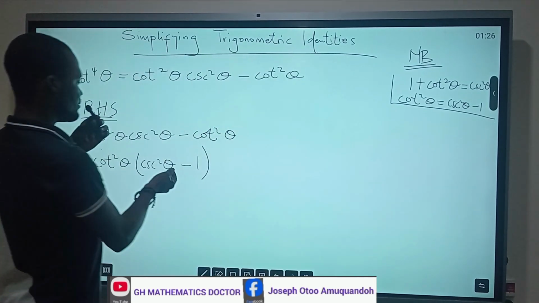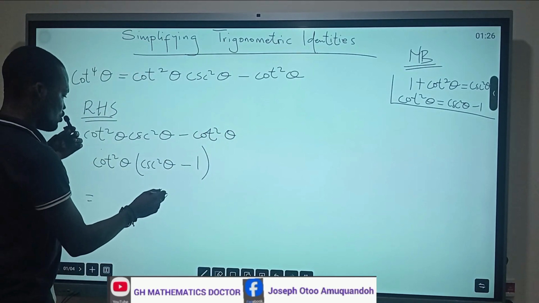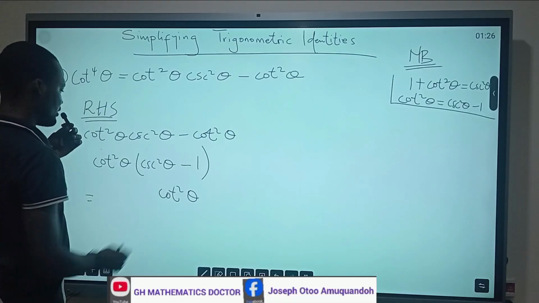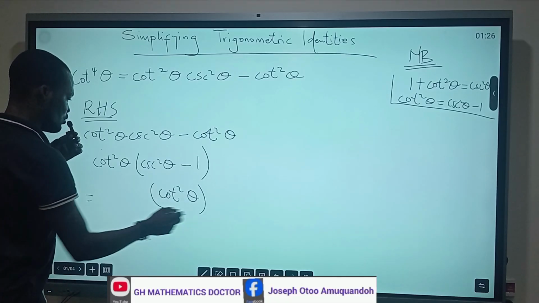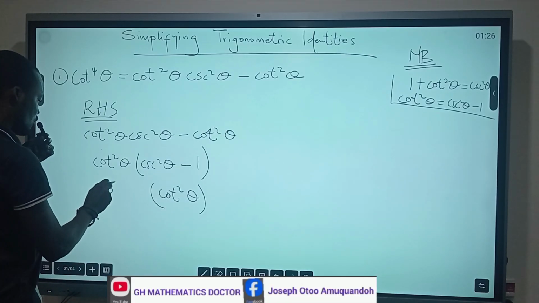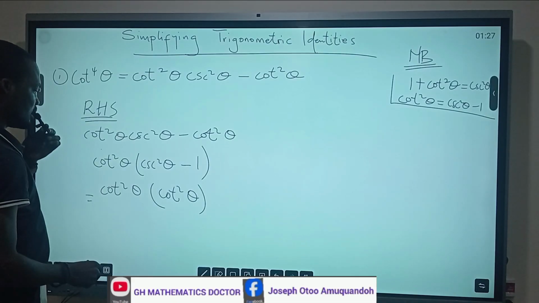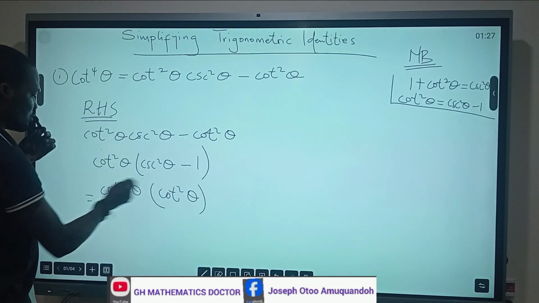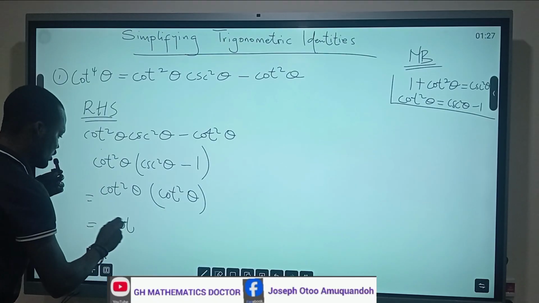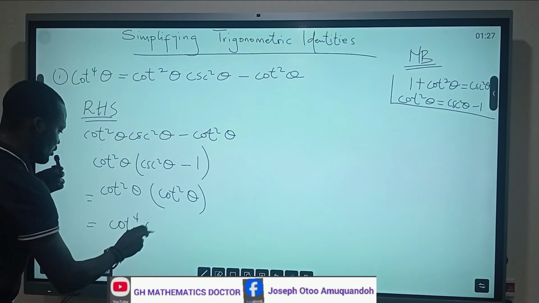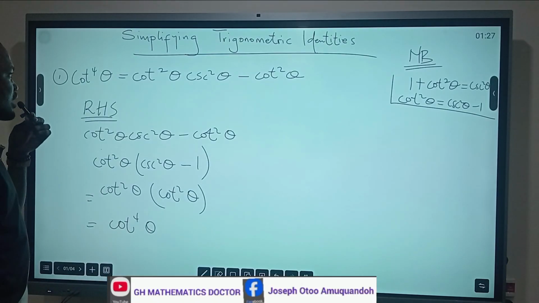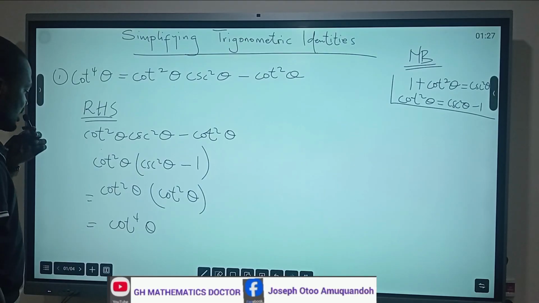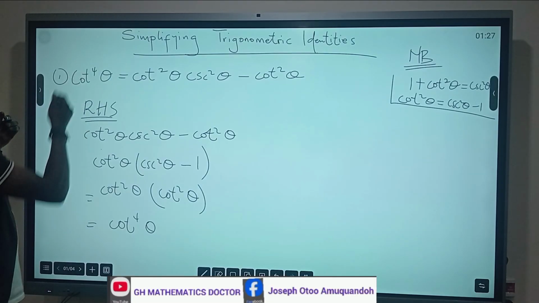So this expression in the bracket is equal to cot square theta. You are going to multiply it with cot square theta at this side, and when they multiply we add the exponents, that will be cot to the power 4 theta, and this gives us the identity at the left hand side.